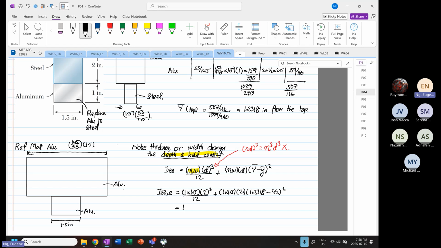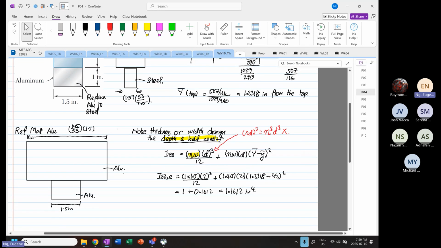This is 1 plus 1.2318 minus 1 squared times 2 times 1.5, which is equal to 1.1612 inches to power 4.